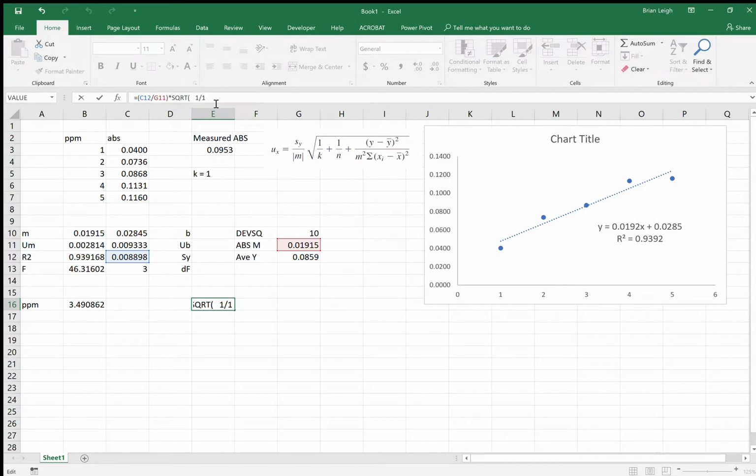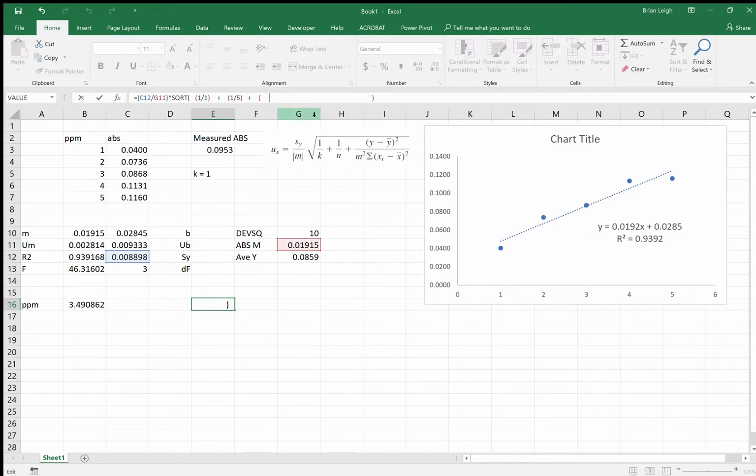So we're going to put that there, put them in parentheses, and then we're going to add that to our next part of the equation, which is going to be 1 over the number of points inside of this calibration curve. So in this case, it's going to be 5. And now that is going to be added to this equation. So I'll just put this equation, has to be all together, so I'll put some parentheses like this.